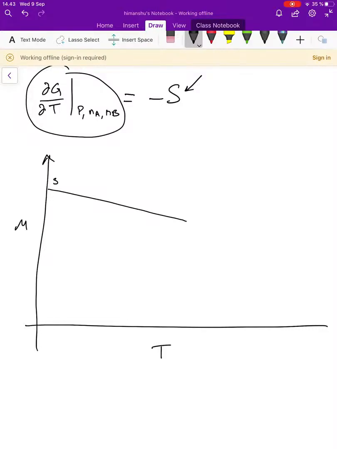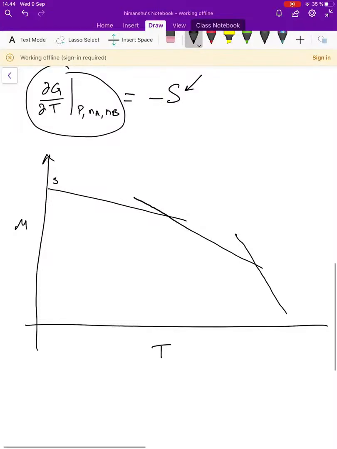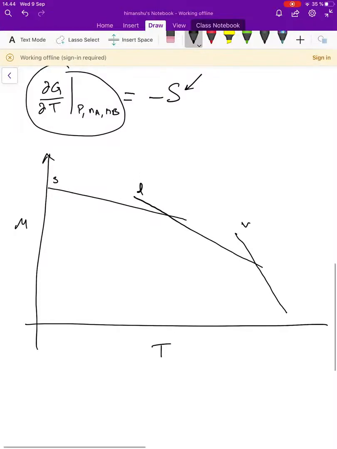the chemical potential will vary with temperature, something like this. So this is for the solid. For the liquid, the entropy is a bit higher, so the chemical potential is likely to look like this. For the gas, the entropy is even higher, so the slope will be even higher, and the chemical potential will look something like this. So this is solid, liquid, and vapor.